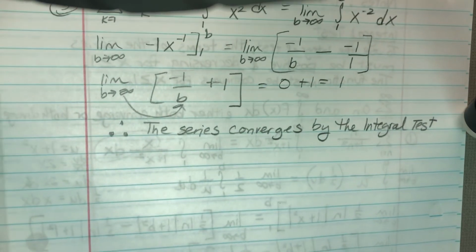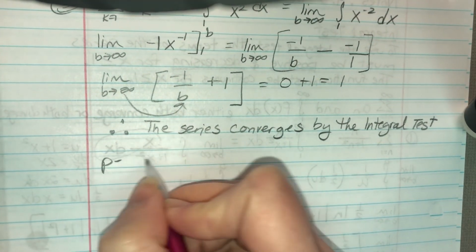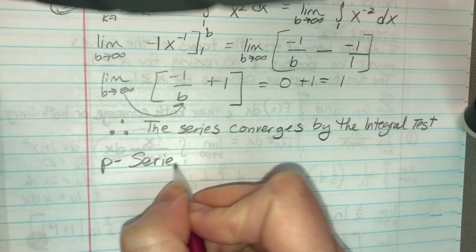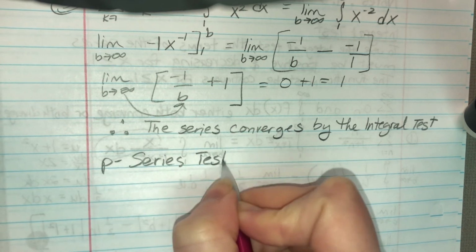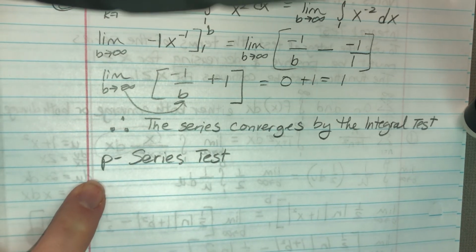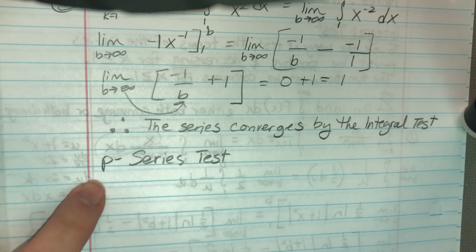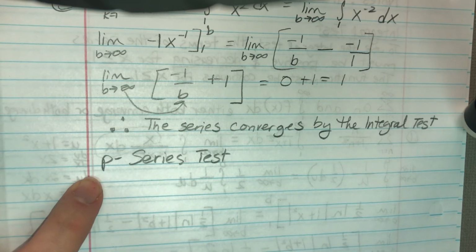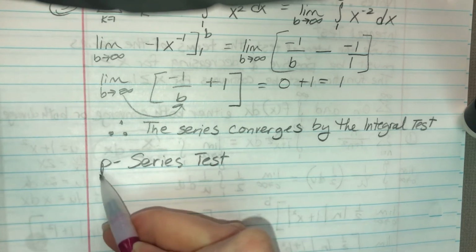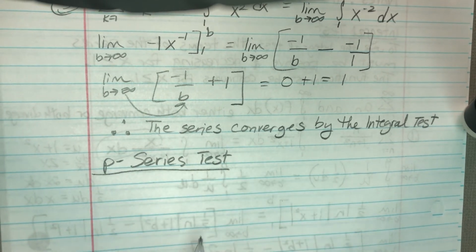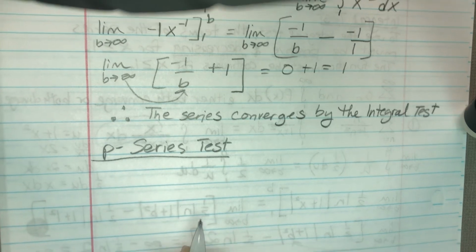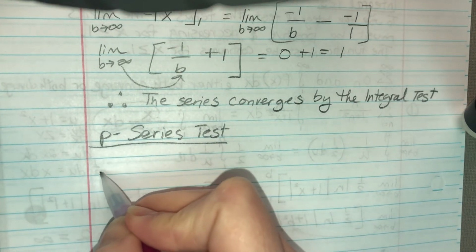All right, now we're going to learn the p-series test. By the way, when you see this printed in a textbook or on an AP exam, that p will be a lowercase italics p. So that's just the way they write it for p-series. So here's what the p-series test says.